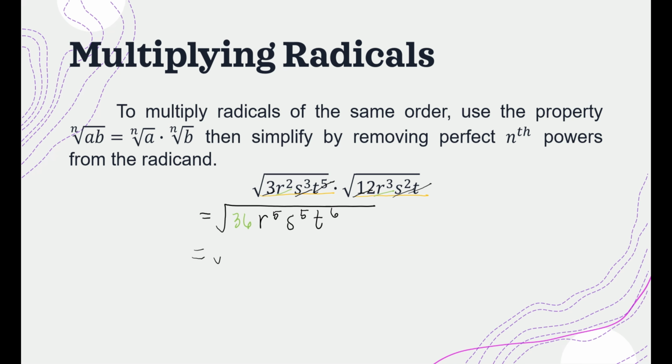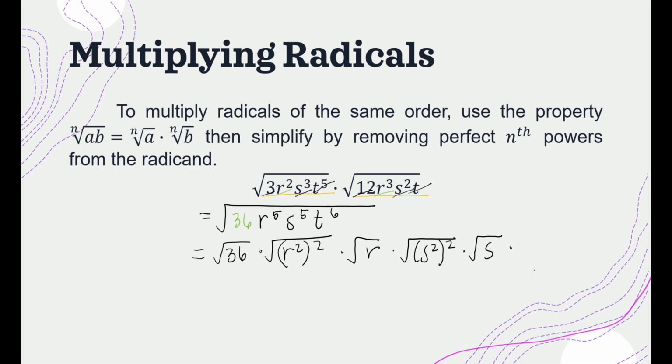So the square root of 36 times the square root of r squared times the square root of r, because r squared is equal to r raised to 4 times r, and that is r raised to 5, times the square root of s squared, because this s squared is equal to s raised to 4 times another s, which will make it 5.